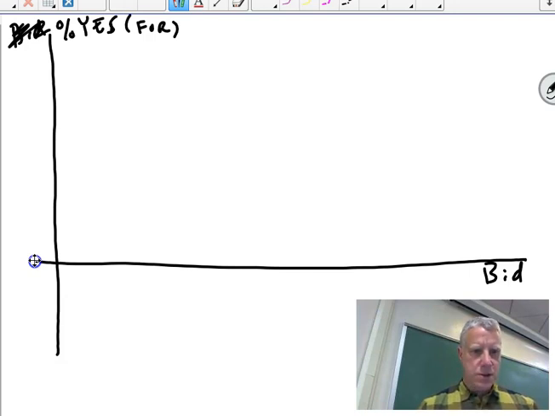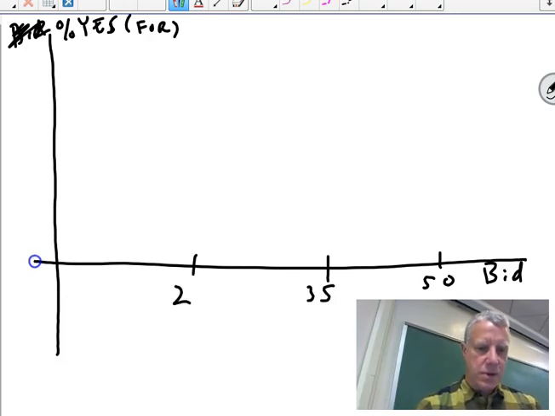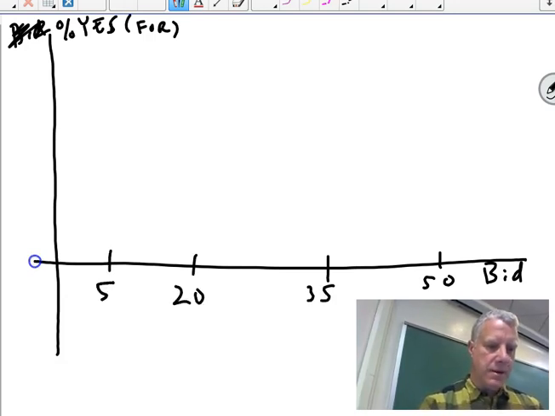So let's do the Turnbull for those who target Red Drum first. The highest bid is $50, and then we have bids of 35, 20, and 5.